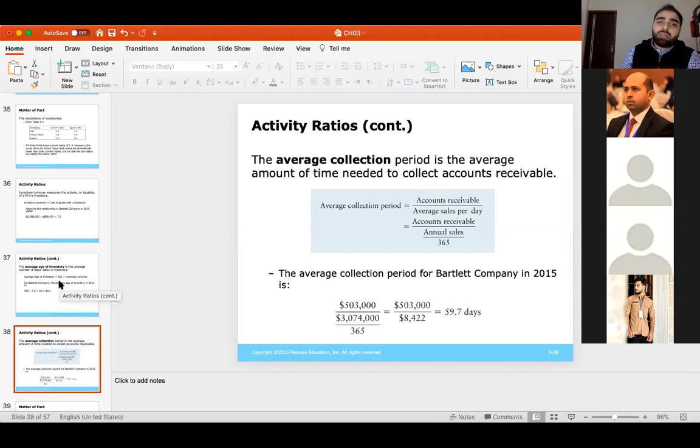In order to calculate the average collection period, we have to divide the accounts receivable over the average sales per day, which is the annual sales that we obtain from the first item in the income statement, divided over 365 days. In that case, we can say that the lower the average collection period, the better for the company.